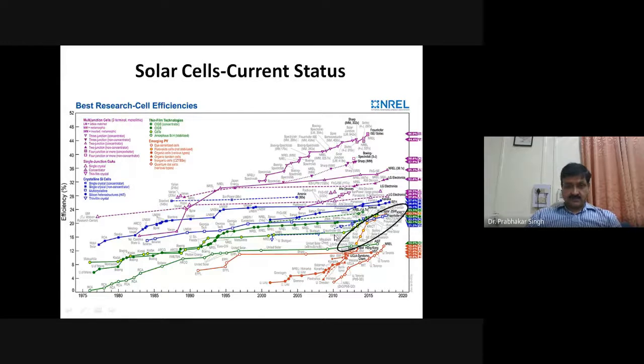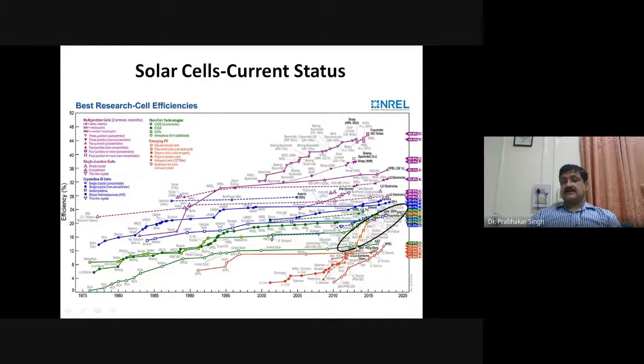This is the graph that most solar energy people will show you. From 1975 to 2020, the whole data is given, and whatever type of solar cell you take, you can see they are growing very slowly. But this one started around 2014, and it has a sharp rise. And this is the perovskite solar cell.